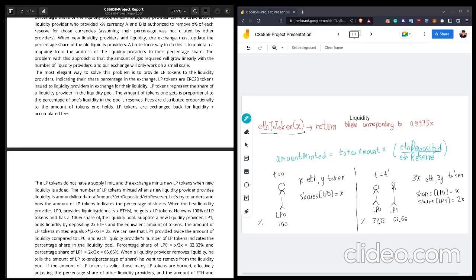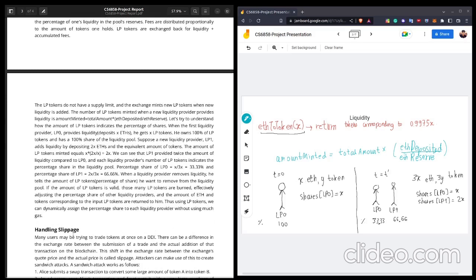The fees are distributed proportionally to the amount of tokens one holds, and when liquidity providers decide to withdraw from the liquidity pool, they get back their liquidity plus their share of the accumulated fees.